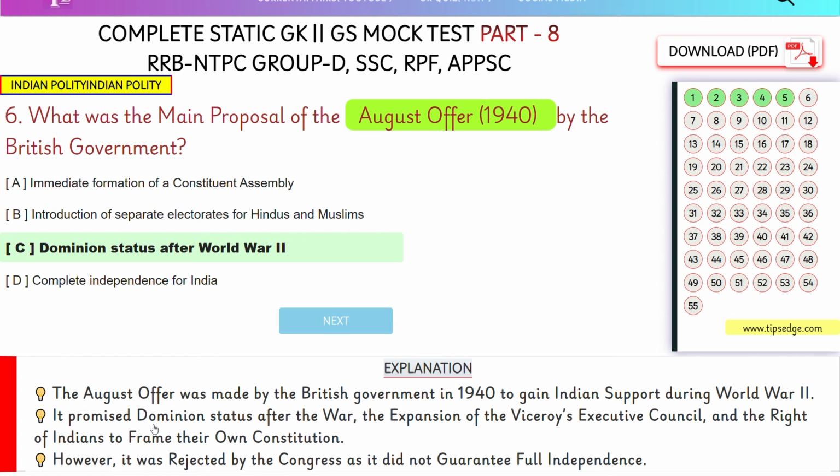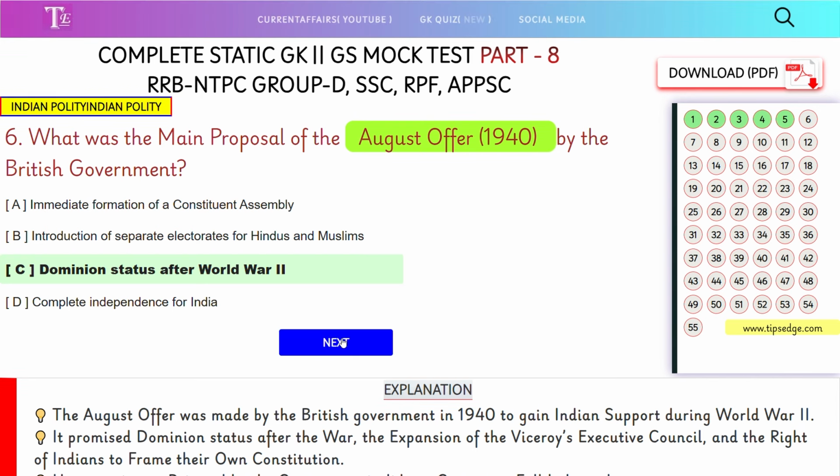It promised Dominion status after the war, the expansion of the Viceroy's Executive Council and the right of Indians to frame their own constitution. However, it was rejected by the Congress as it did not guarantee full independence.